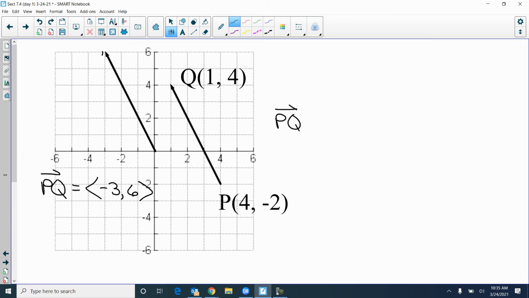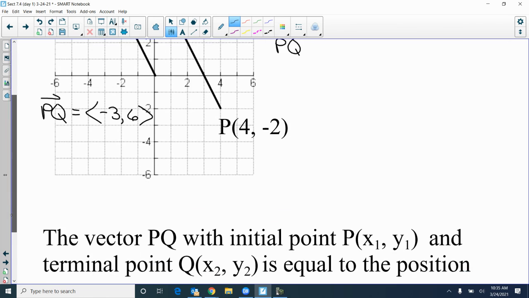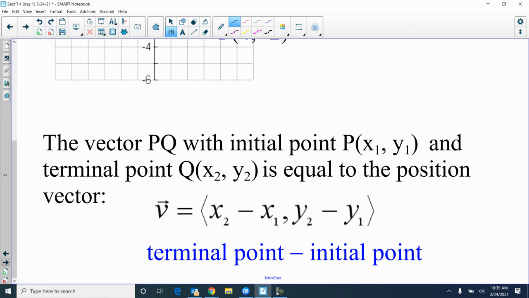Well, how do I take this and convert it to a position vector? Okay, the vector PQ with initial point P and terminal point Q is equal to this position vector. I think on your paper you don't have V. What do you have? PQ there? That should say PQ equals. So PQ equals x2 minus x1, comma y2 minus y1. Terminal point minus initial point.